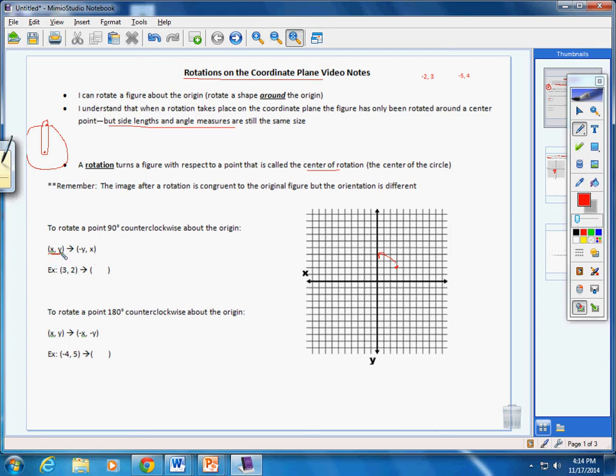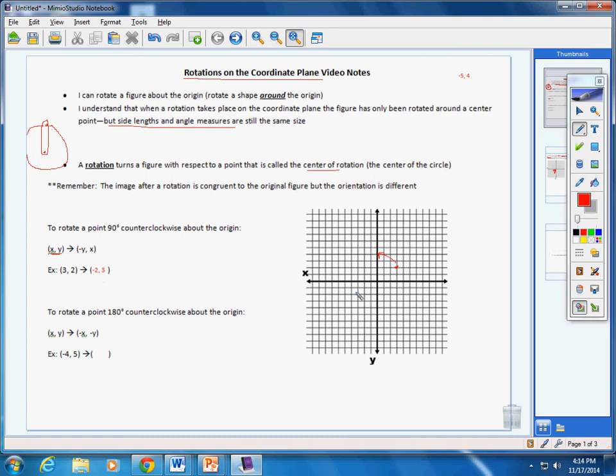If you notice, x, y is our normal ordered pair. You're going to flip the x and y, and you're going to negate the y value. So that means 3, 2 is going to be flipped, and your new x value, or your original y value, is going to be negated. Since it was a positive 2 here, it becomes a negative 2 here.